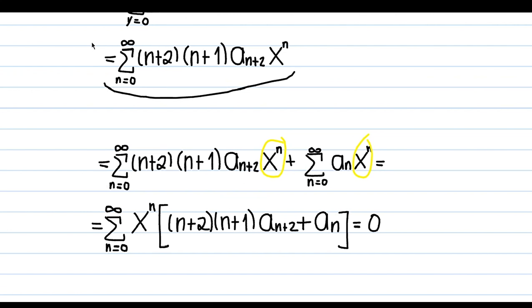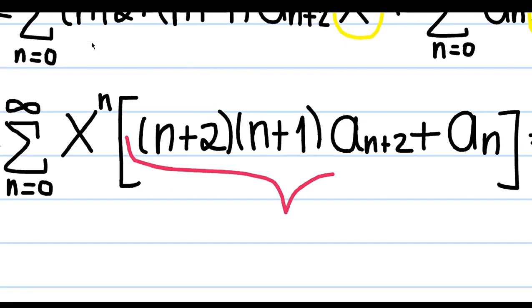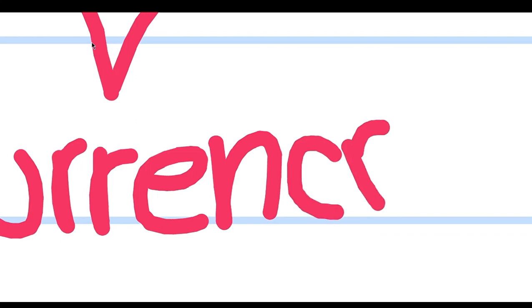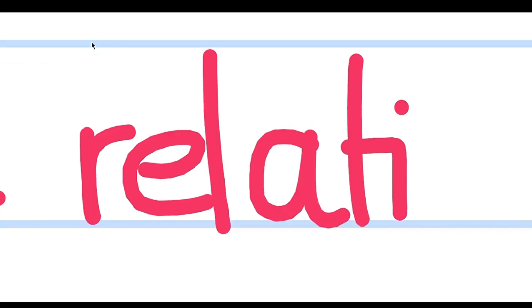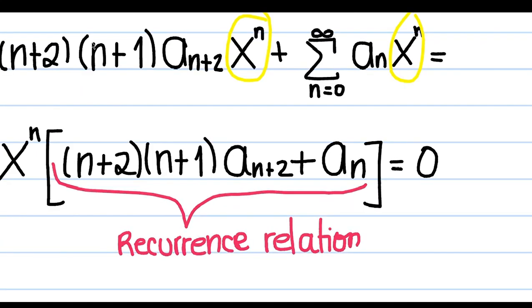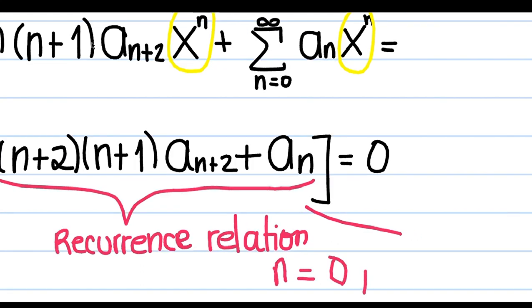And this is the recurrence relation. I can find the terms of a sub n by writing the recurrence relation first for n equals 0, then for n equals 1, and so forth.